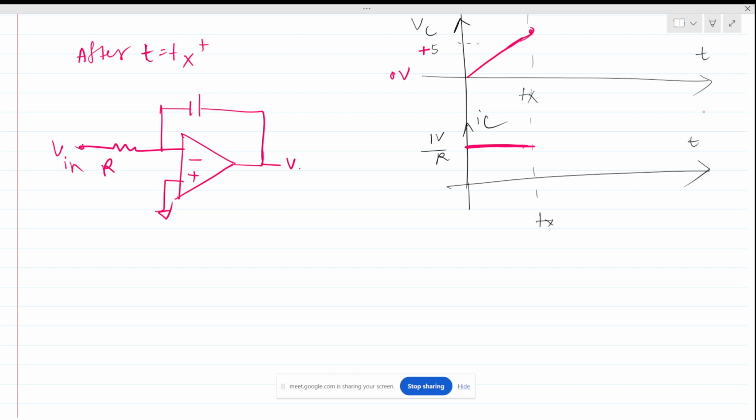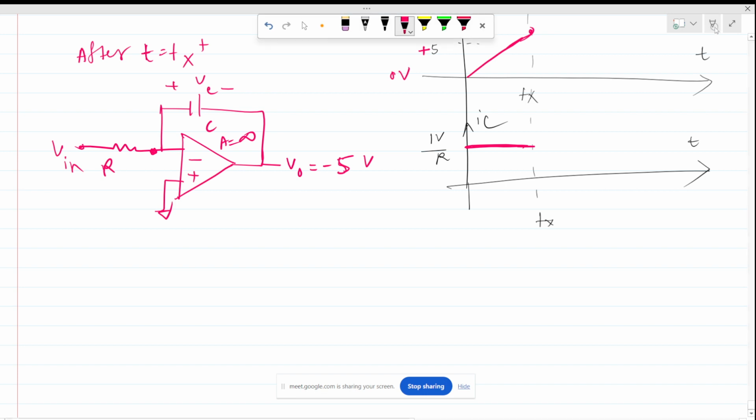Now V out is saturated to minus 5, right? Now what will be the circuit behavior? This node potential is no more 0 volt, okay? And the op amp is saturated to minus 5 volt.